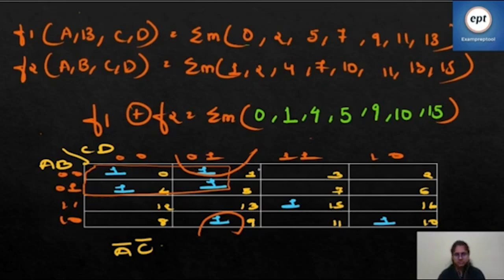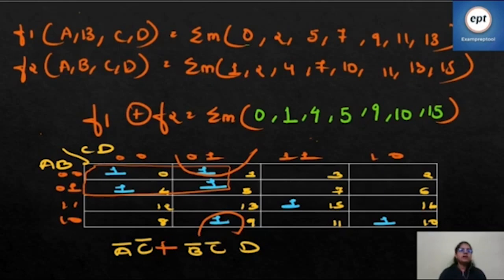So yes, you can consider this group as well. So what will be the minimum expression we will get? Plus, the expression we will get here is B bar C bar D. So this is what we will get.